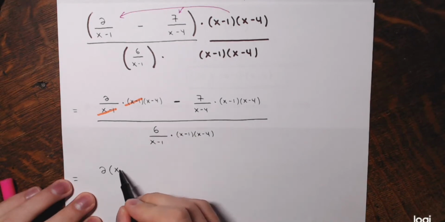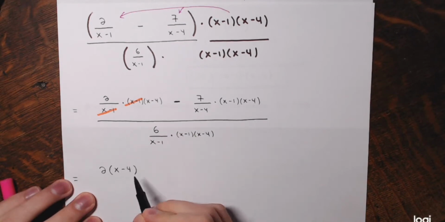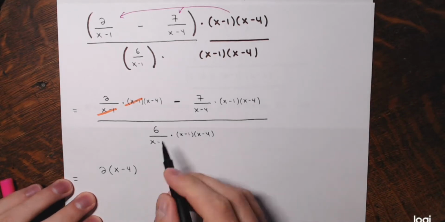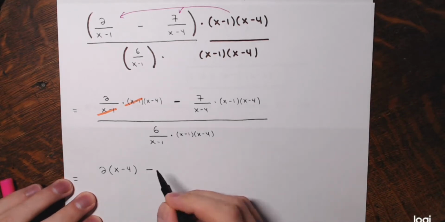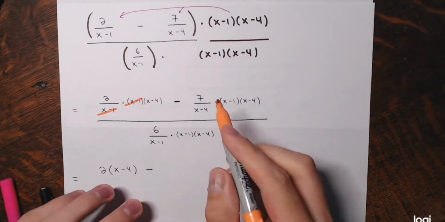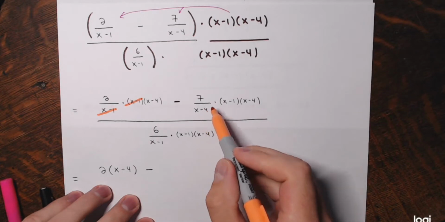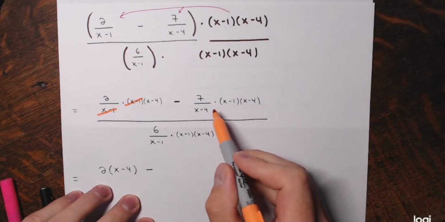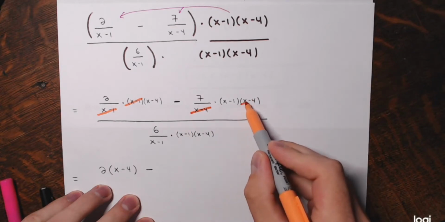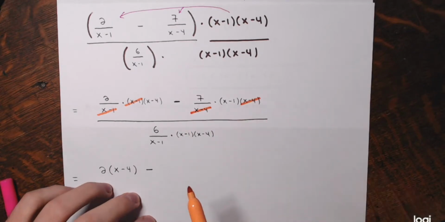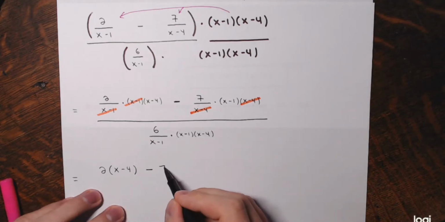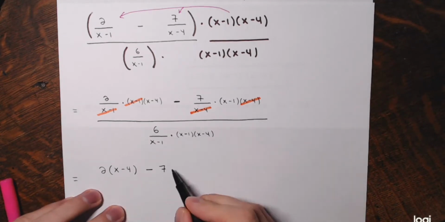X minus 4 was the only factor of the LCD that didn't cancel there. Then I have minus, and then in the second product, 7 over x minus 4 times the LCD, I have x minus 4 in the denominator and x minus 4 in the LCD. Those cancel. So now I have minus 7 times the quantity x minus 1.